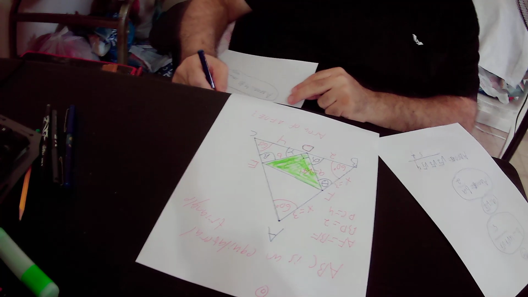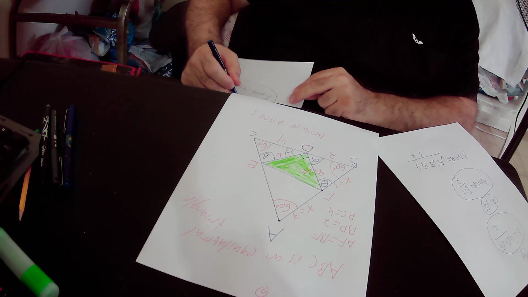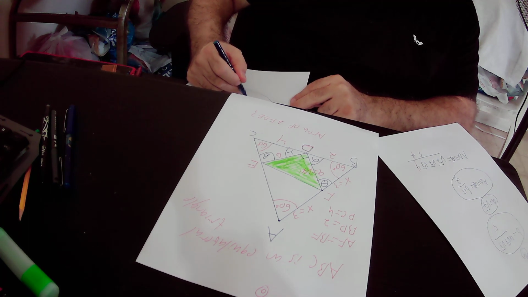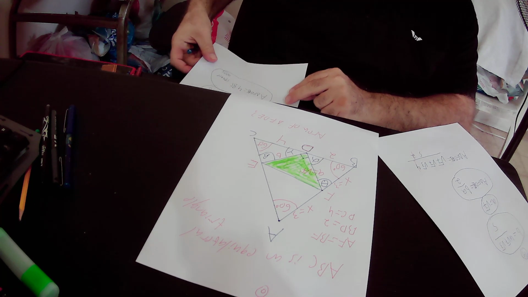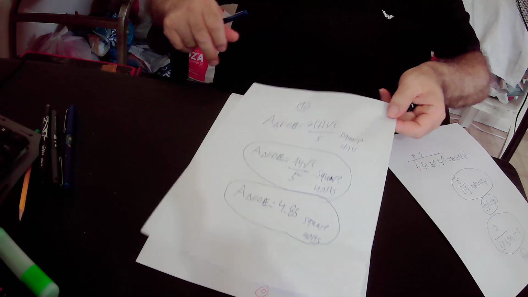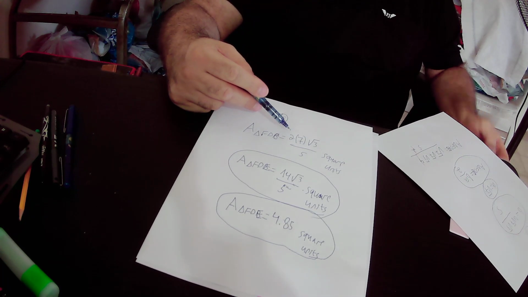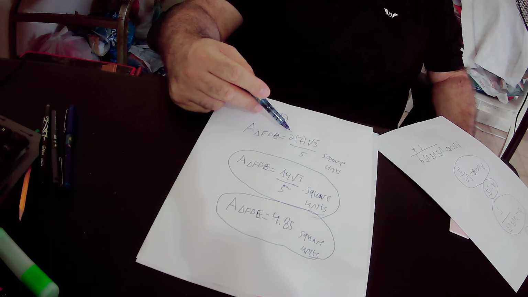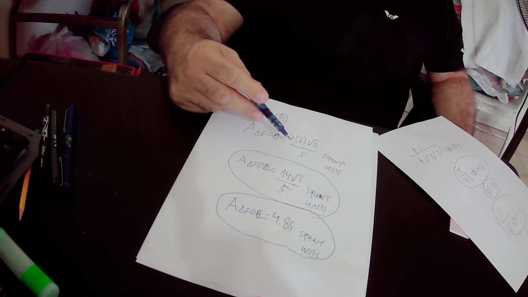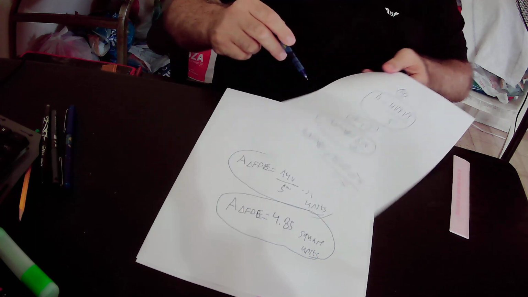Okay, so the area of triangle FDE equals A times B over 2. So we substituted A by the value of A and B by the value of B. A equals root 7 and B equals this expression.